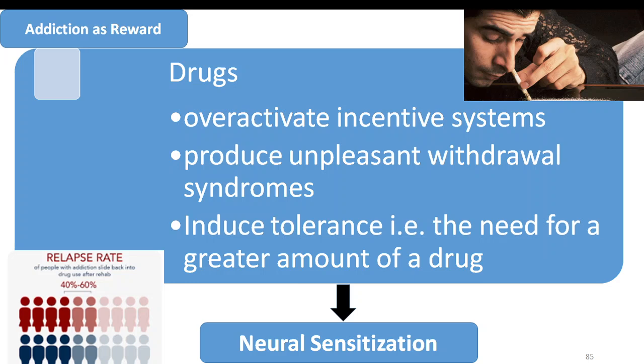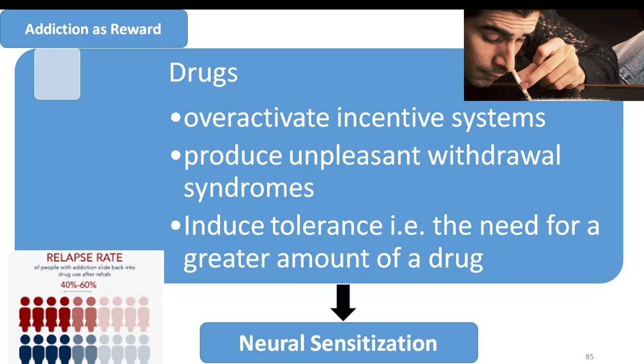We have a natural secretion of dopamine, but these kinds of drugs overactivate the incentive systems, and they might end up producing more dopamine than a human body is naturally designed to secrete, right? More dopamine, more pleasure, more pleasure, more wanting, more wanting, more liking, and hence the frequency increases, the quantity increases, leading an individual to addiction, right?